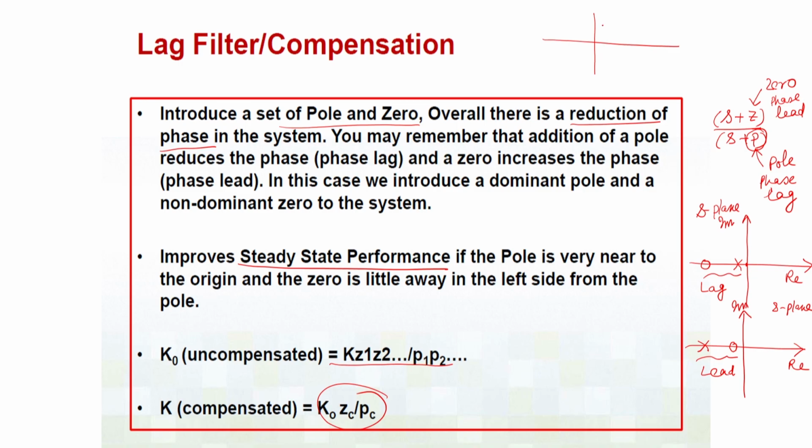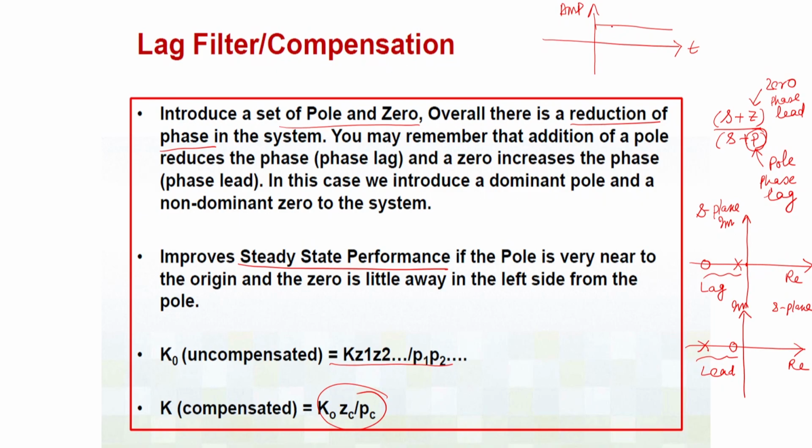So, let us say I give a unit step input with respect to time. This is time and this is amplitude, and we give a unit step input as a reference signal. When I am talking about steady state performance improvement, that is telling how well this system will be able to follow this command.